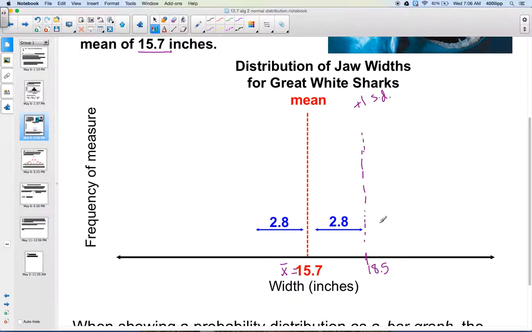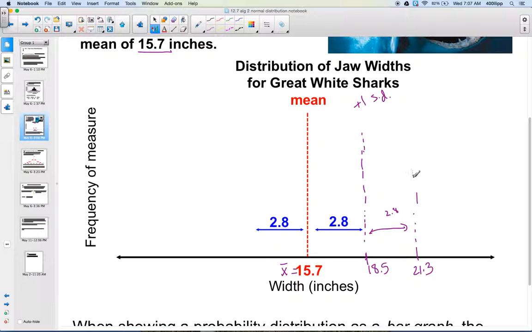If we keep going here, we're going to add 2.8 again, and then we'll be at 21.3, because 18.5 plus 2.8 is 21.3.